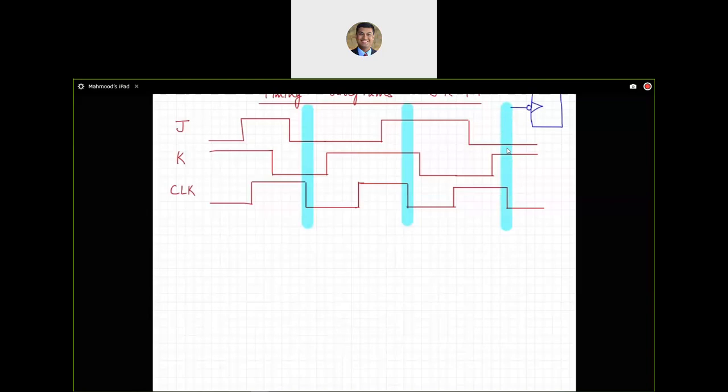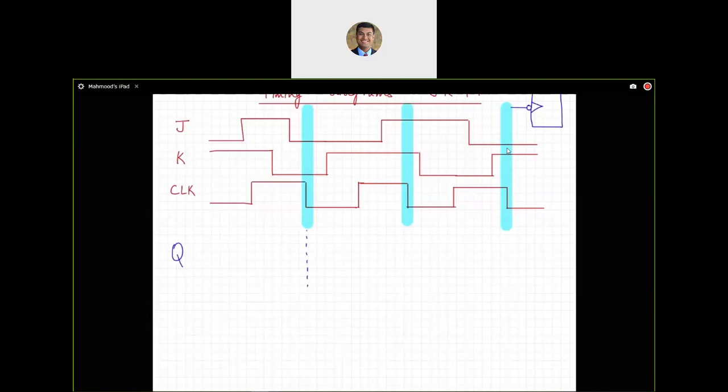Now, if I look at my Q, the first negative edge that happens is over here. And at that time, they are both 0, J 0, K 0.